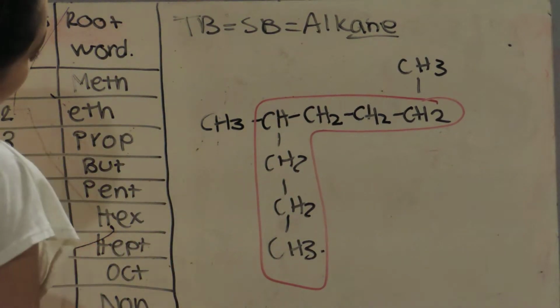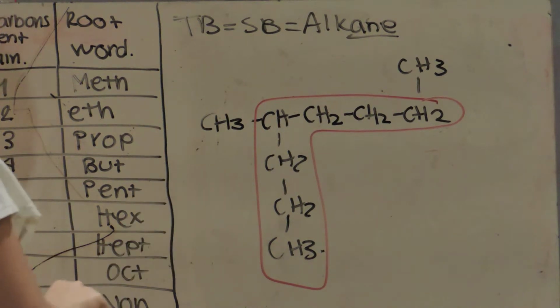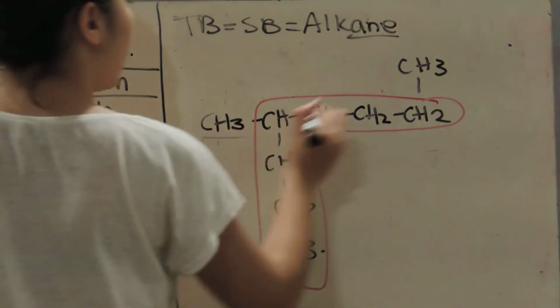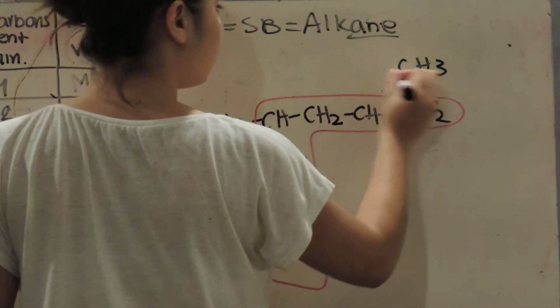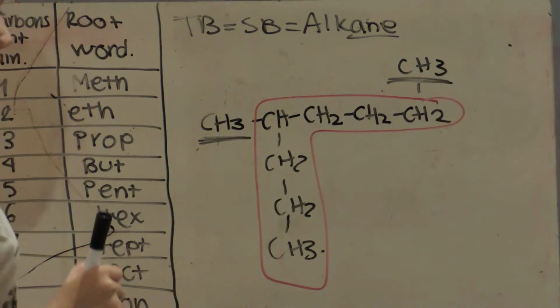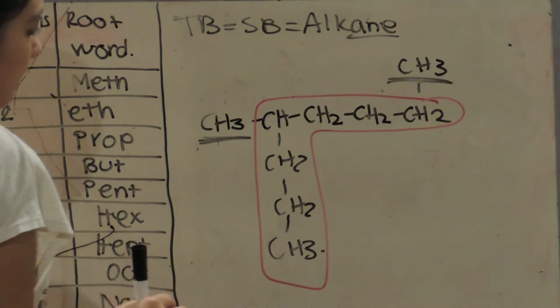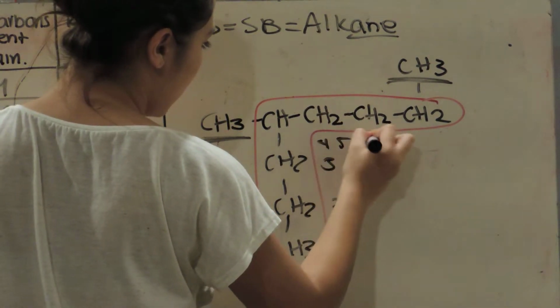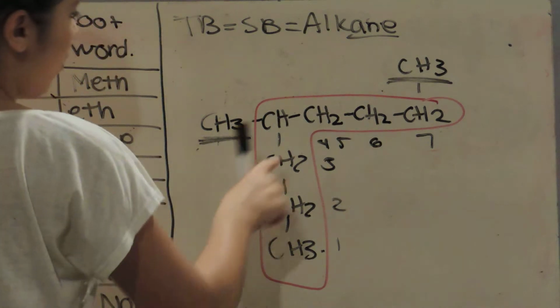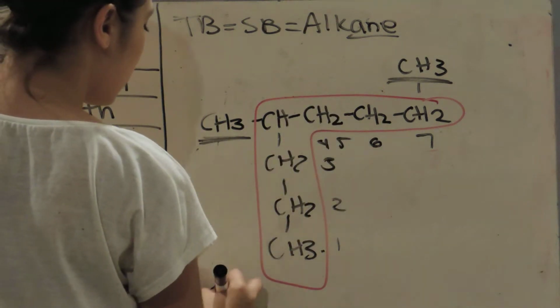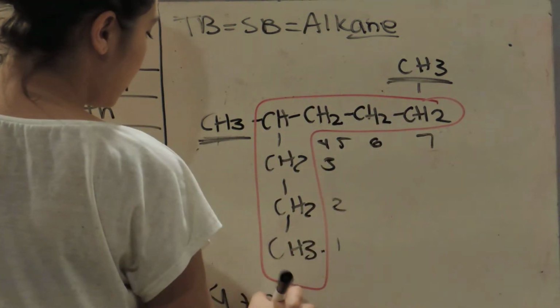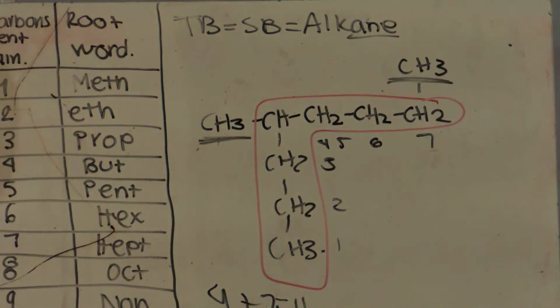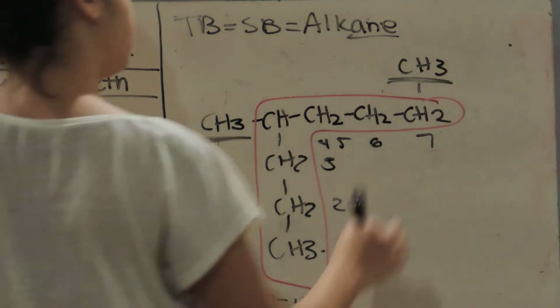Once we identify the longest parent chain, we need to number it, taking into account the alkyl groups. So, if we start numbering from left to right, we will have 1, 2, 3, 4, 5, 6, and 7. 1 in number 4 and 1 in number 7. 4 plus 7, 11.